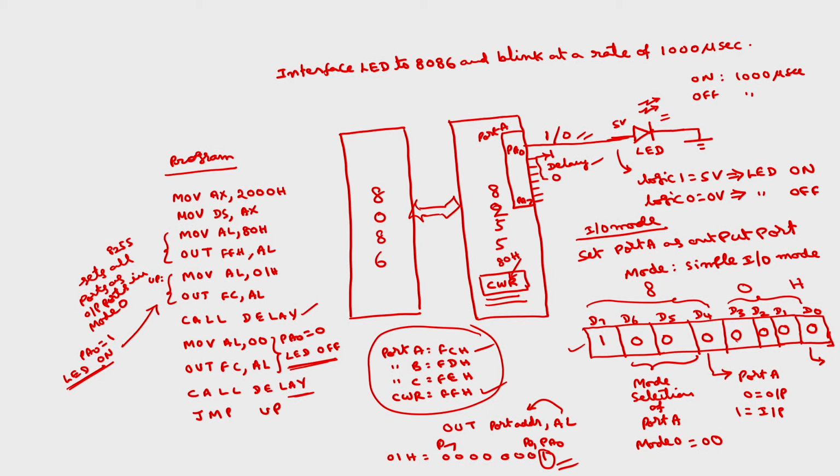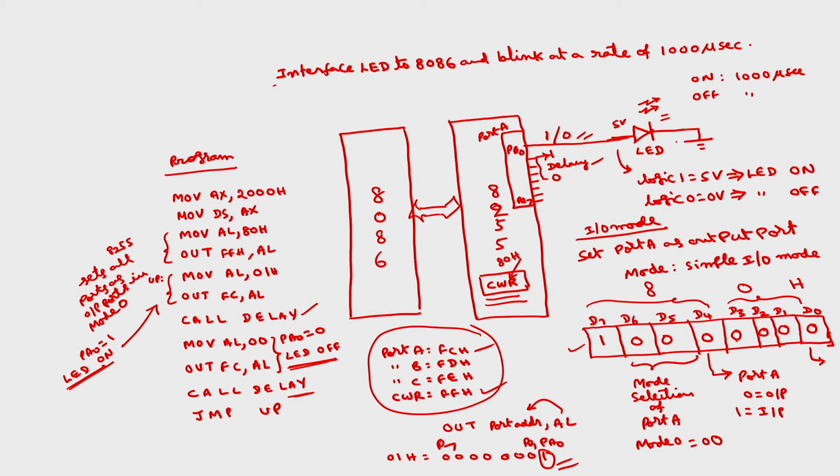Okay. This is how you can connect a simple LED to the microprocessor 8086 through 8255, and you can blink the LED. Okay. Now how to find out this delay? Even if I want to generate a square wave, also the same program.